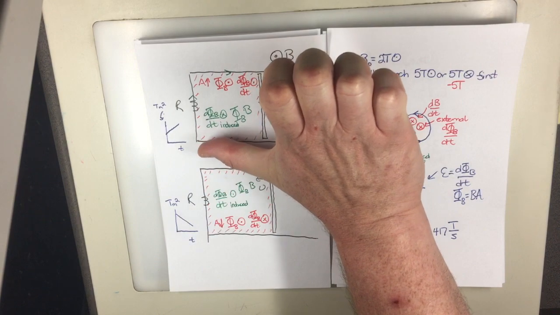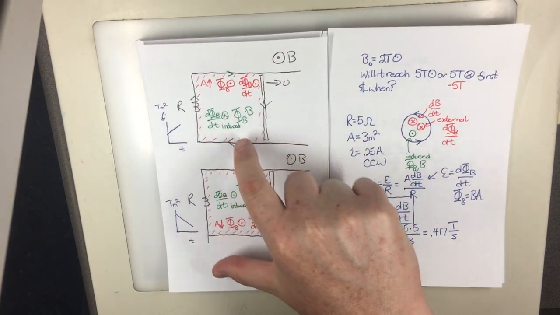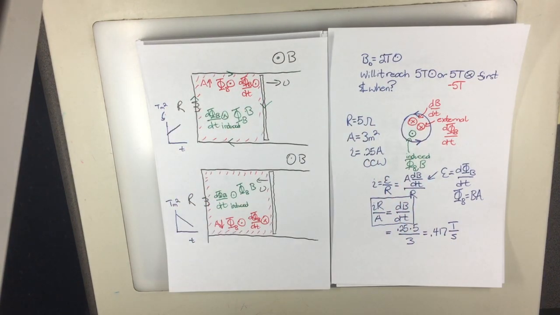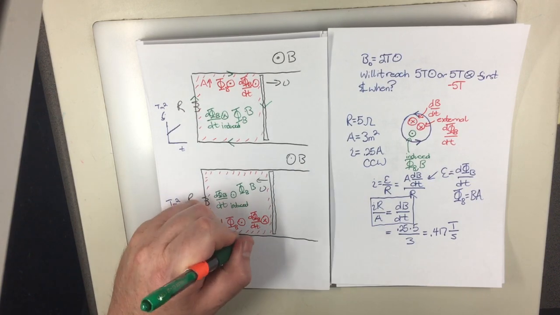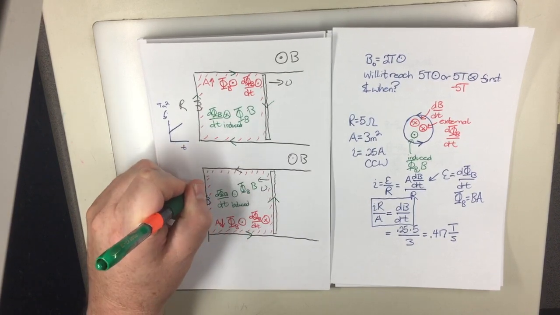Put your thumb in the direction of that current. It claws above the line, so a clockwise current will produce that. For this, the flux goes out like that, so the induced current is counterclockwise.